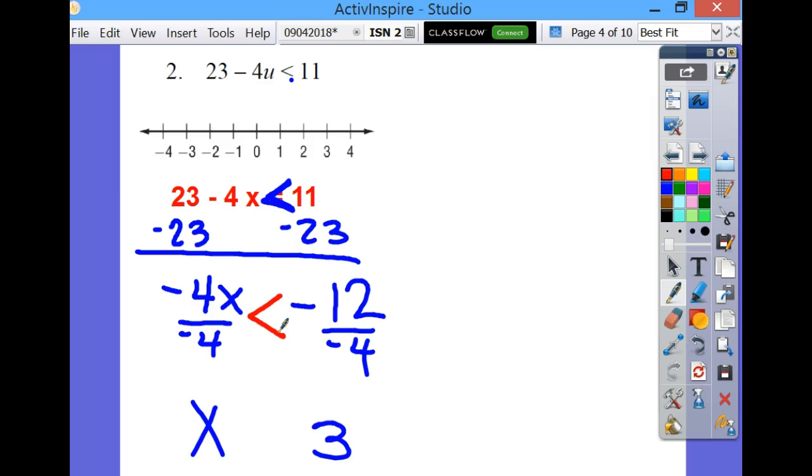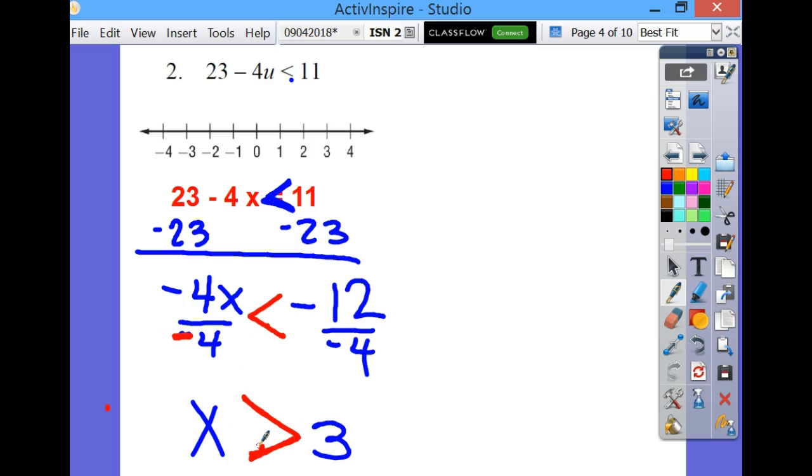If you multiply or divide by a negative, it switches the inequality. When you divide by a negative, it changes a less than to a greater than. You may have heard of that rule before. So, when you multiply or divide by a negative number, it switches less than to greater than.